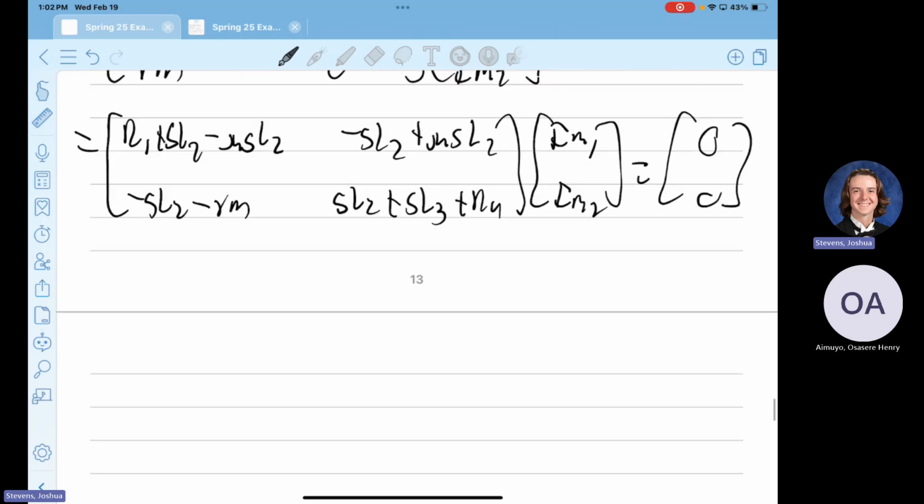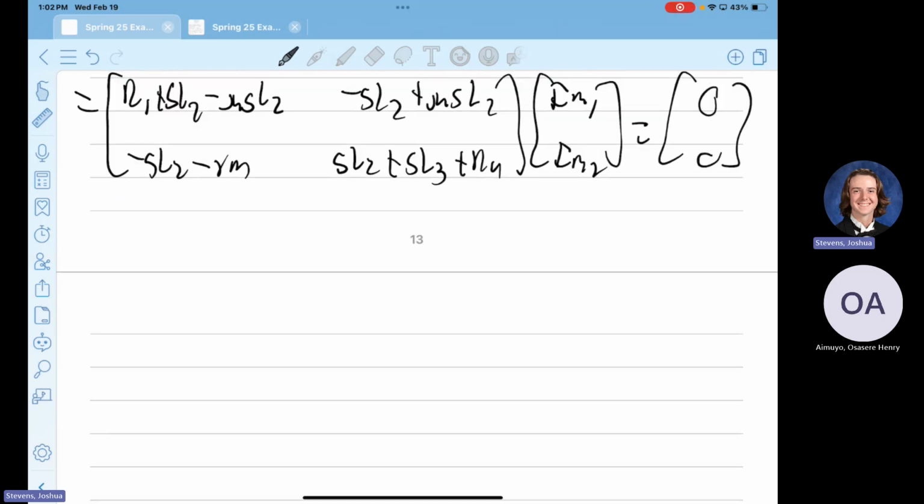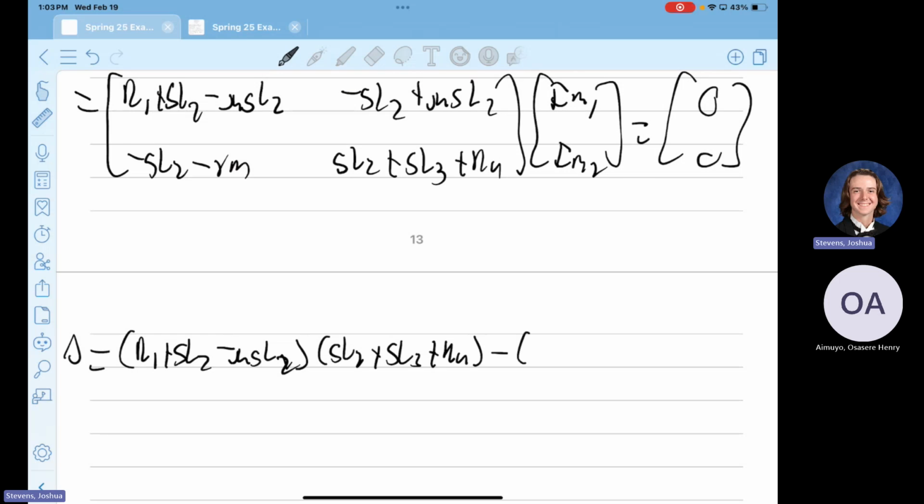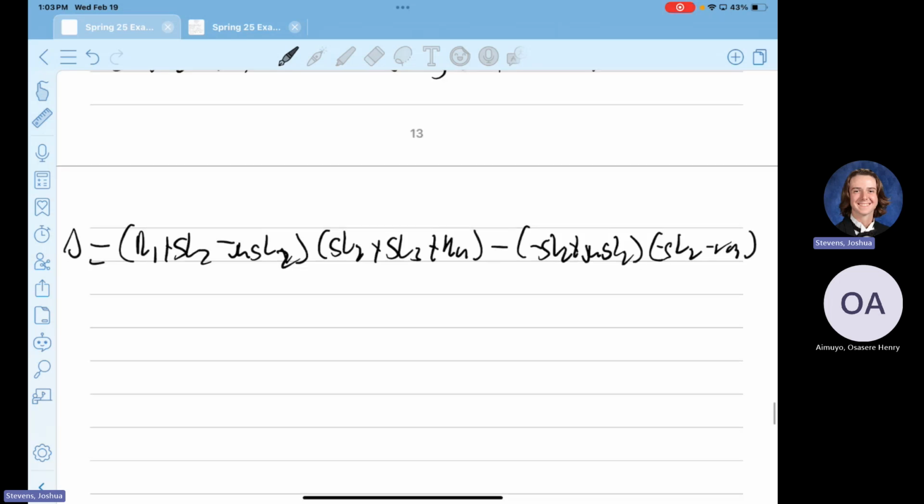Or if y'all would like me to skip it, let me know. Delta equals R1 plus SL2 minus mu SL2 times SL2 plus SL3 plus R4, all minus negative SL2 plus mu SL2 times negative SL2 minus RM. You want me to just go ahead and do the algebra? I'll go ahead and do it.